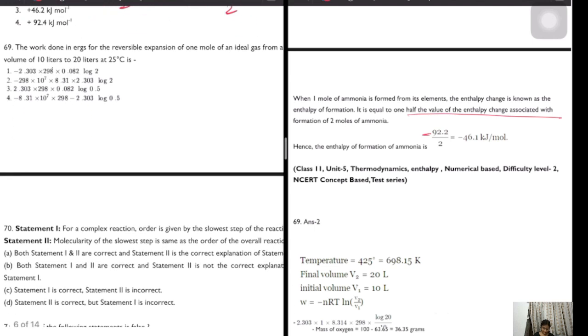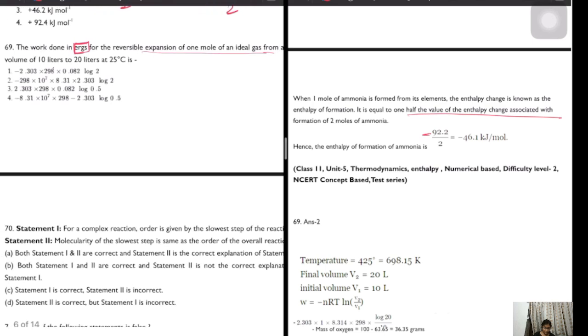Now the next question says the work done in ergs, this is a unit of work, okay? For reversible expansion of 1 mole of a gas from a volume of 10 liters to a volume of 20 liters, we have been given V1 and V2. So what formula can we use?